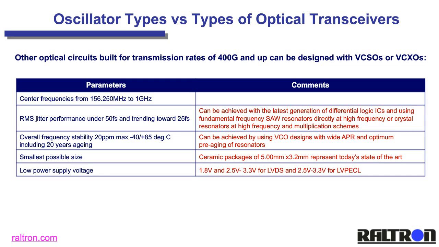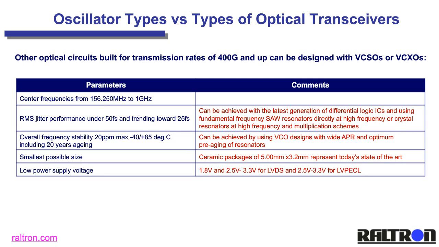The SAW device, because of its nature, the way it is operating, can operate directly in fundamental mode at high frequency, at frequencies above 500 megahertz and going all the way to 1.5 gigahertz, for example. So we obtain much better jitter than with crystals and clock oscillators by using that.